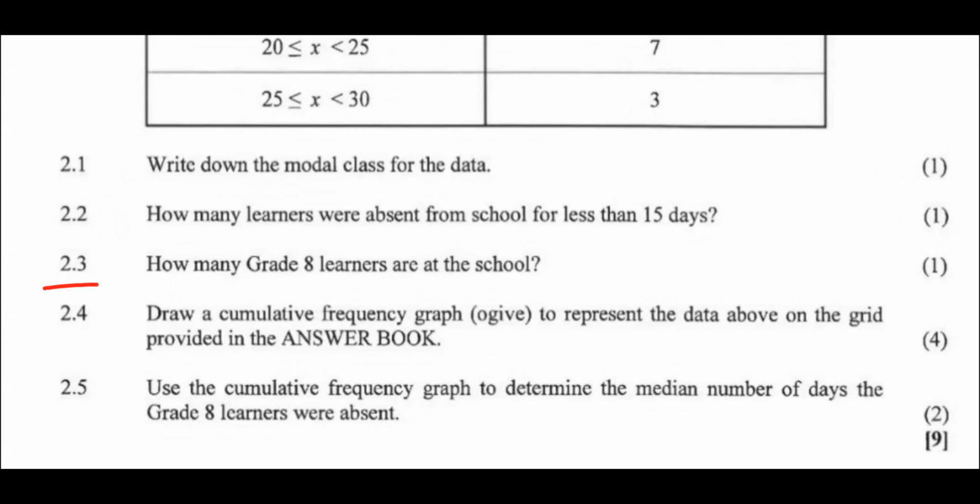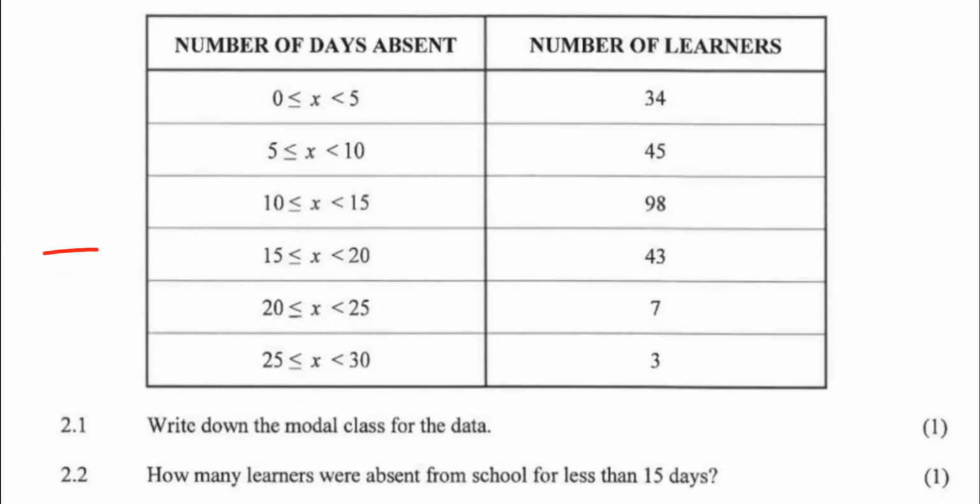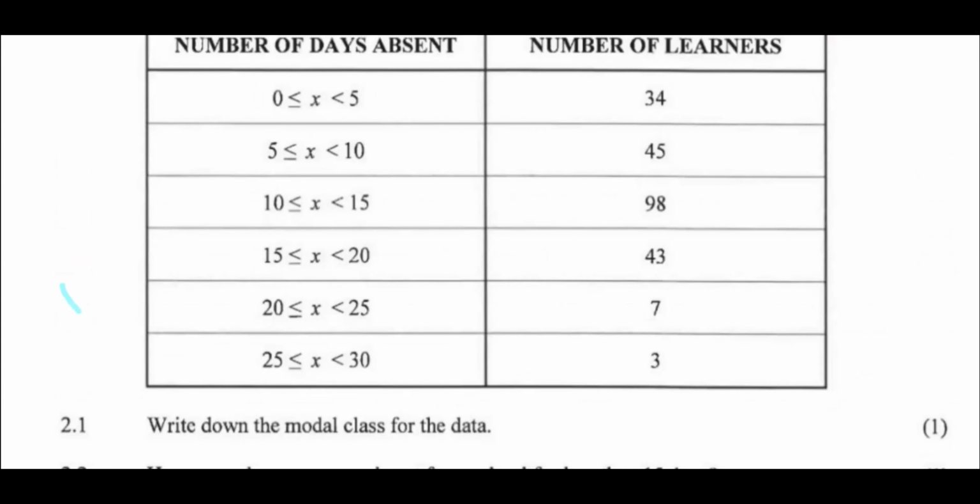Question 2.3. How many grade 8 learners are at the school? I guess we just work out the total. You could add the number of learners to work out the total, so just add everything up. 34 plus 45, that should be 79.